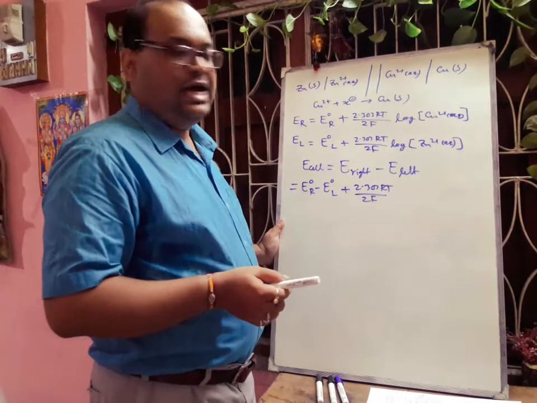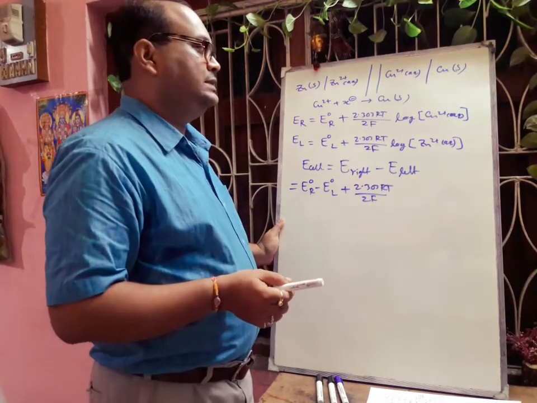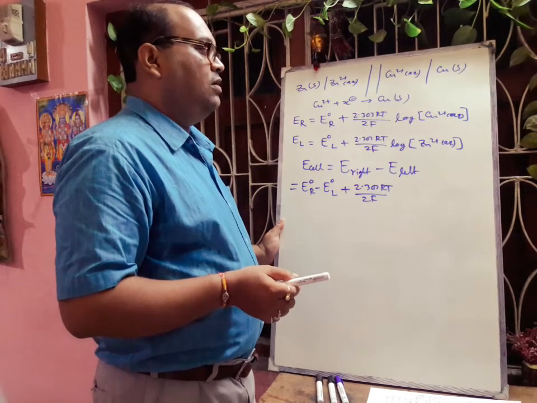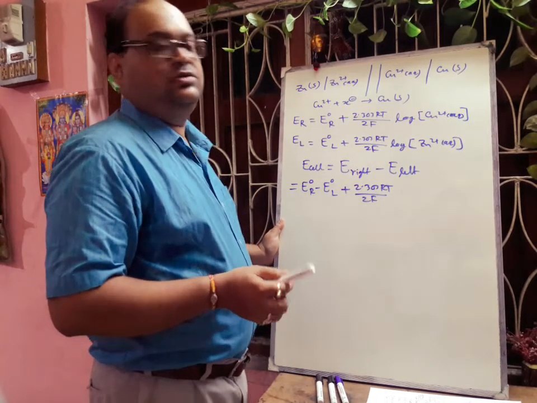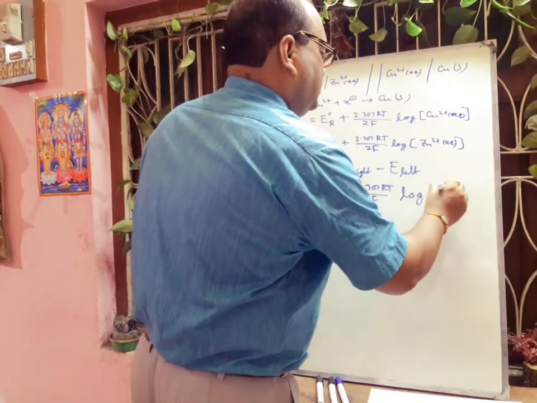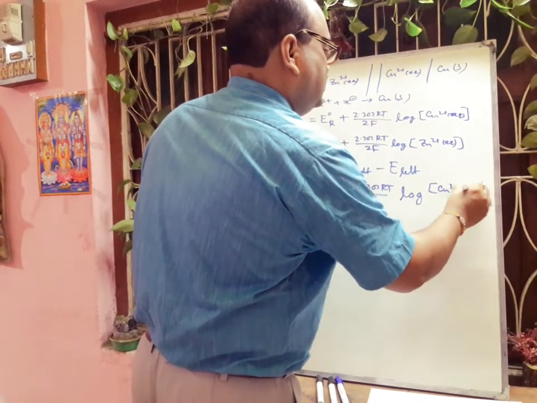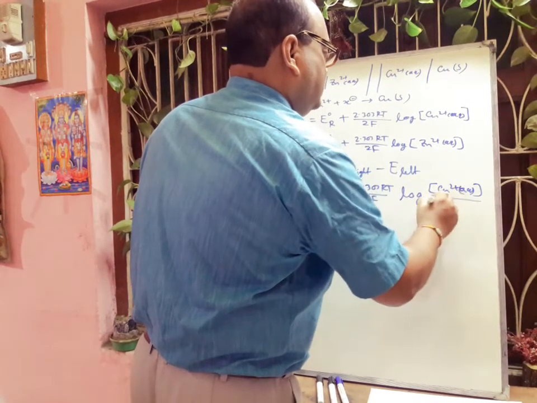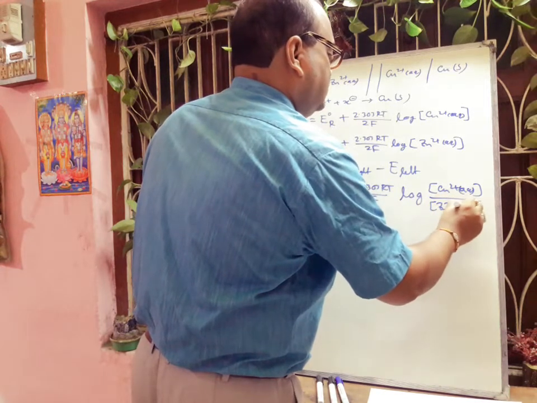We know that log A minus log B is equal to log A by B. So from here we can write log of the concentration of Cu2+ aqueous divided by the concentration of Zn2+ aqueous.